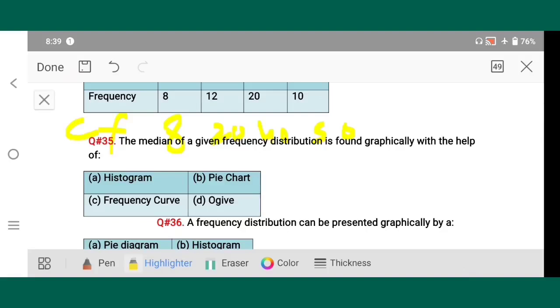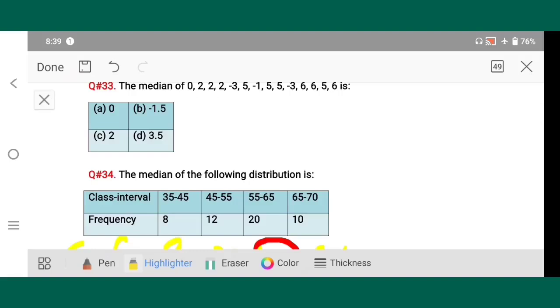So 25 will be in 55 to 65. So we have median class 55 to 65.